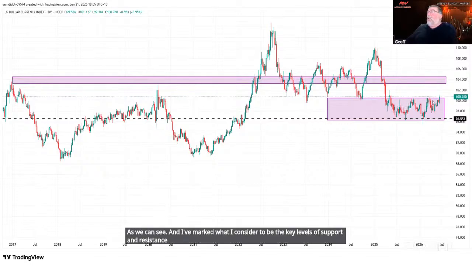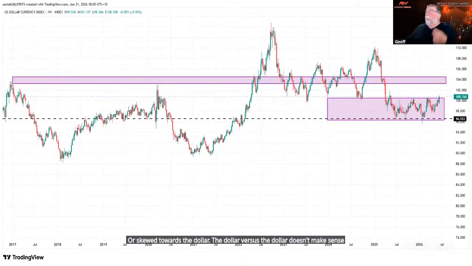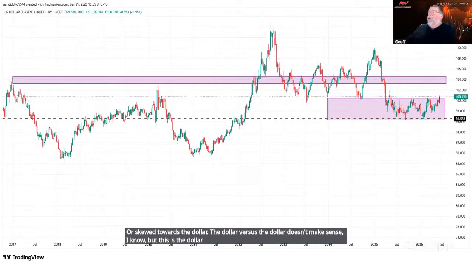We've been in a box for some time on this pair. That's not unusual. The dollar index and all of these indexes that I'm going to look at are very heavily skewed towards the dollar. The dollar versus the dollar doesn't make sense, I know, but this is the dollar index that is telling me how strong the dollar is against a basket of currencies, right?